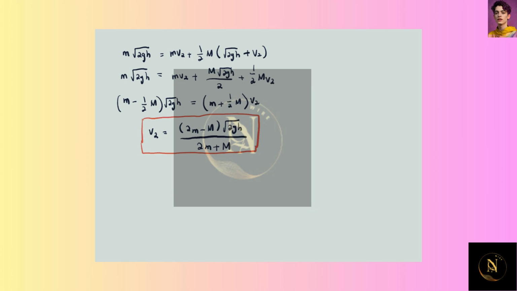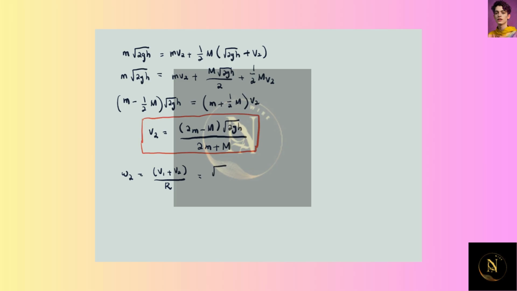And then for omega 2, we can use equation 4 and substitute the expression for v2. So we'll have omega 2 equals v1 plus v2 over r. I just solve for omega 2 from equation 4, and then replace v1 and v2 with their respective expressions.